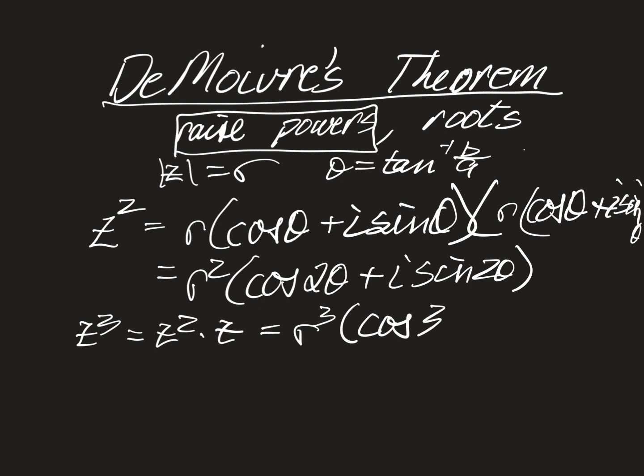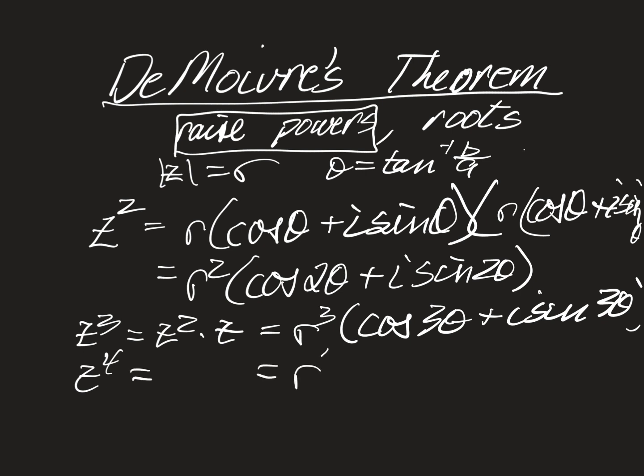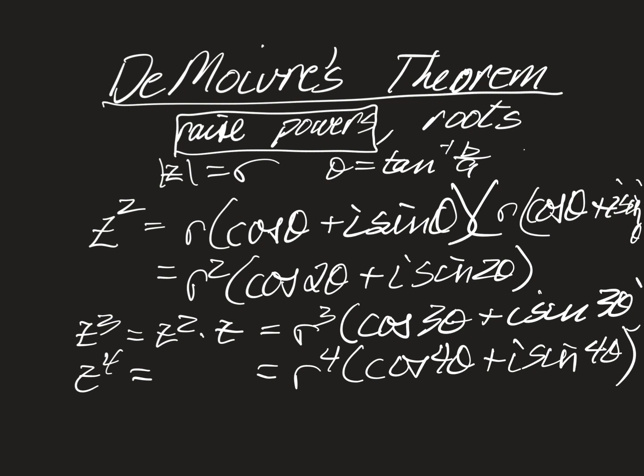And so that'll be cosine 3 theta plus i sine 3 theta. Oh, so this is starting to give me a pattern. I bet z to the fourth is going to equal r to the fourth cosine 4 theta plus i sine 4 theta. And if you guess that, then you would be correct.